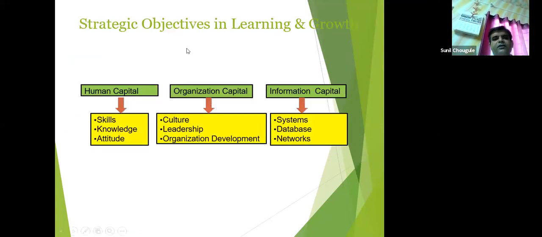Now, human capital is further explained as skill, knowledge, and attitude. Human capital required to work should have skill, knowledge, and attitude.